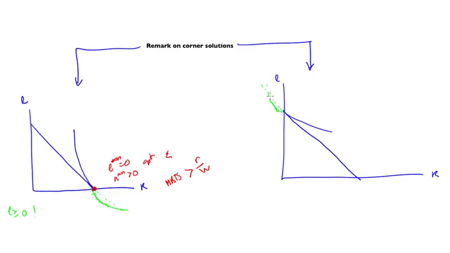So if you could, you would like to move in this direction, but it's not possible because capital has to be non-negative. So in this case, you could have a solution that has K mean equal to 0, L mean greater than 0, an optimum in the sense of being cost minimizing, and the marginal rate of technological substitution being less than the relative prices.